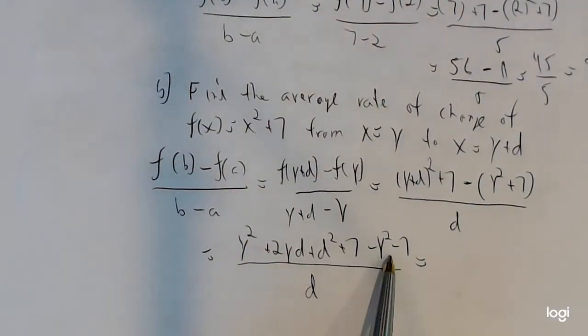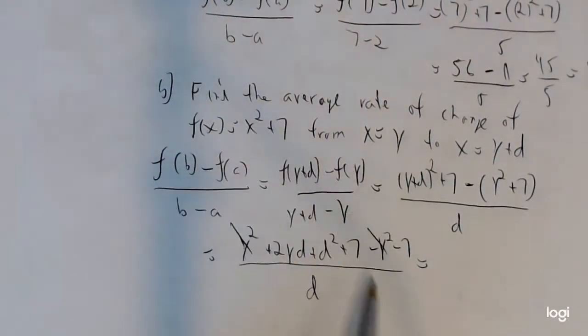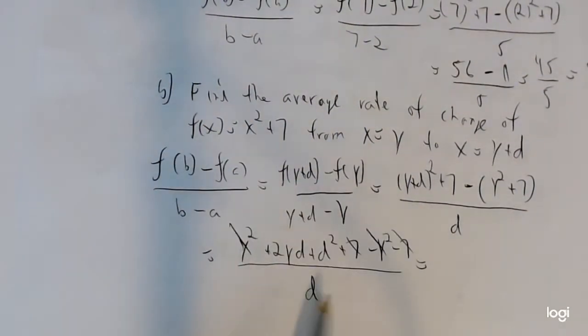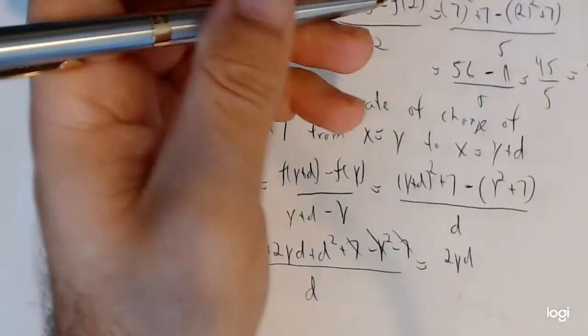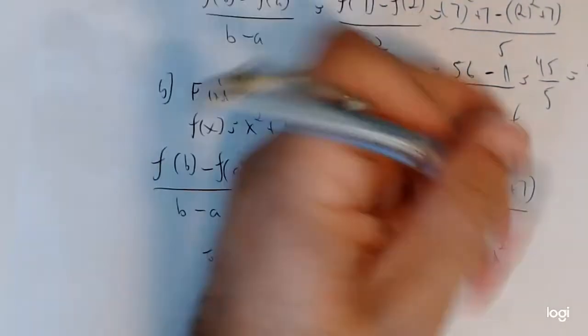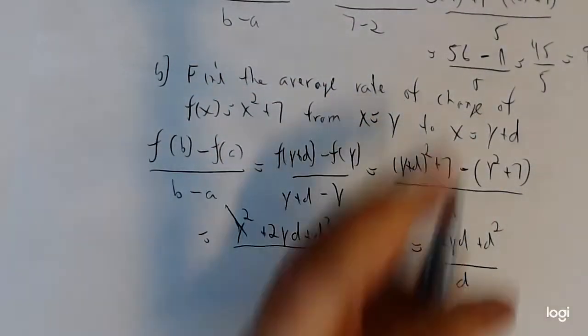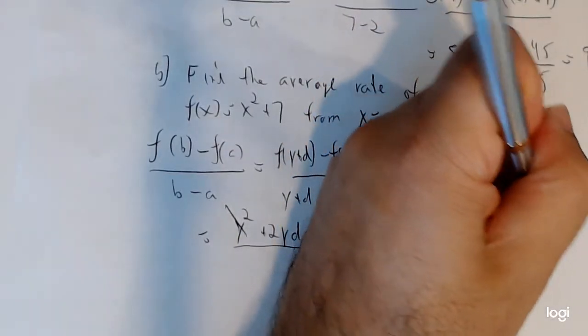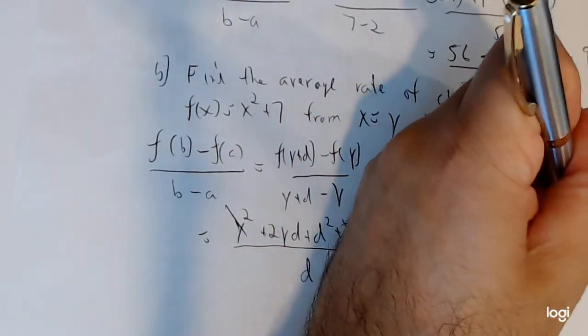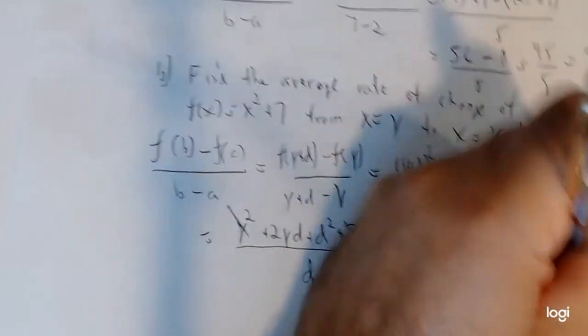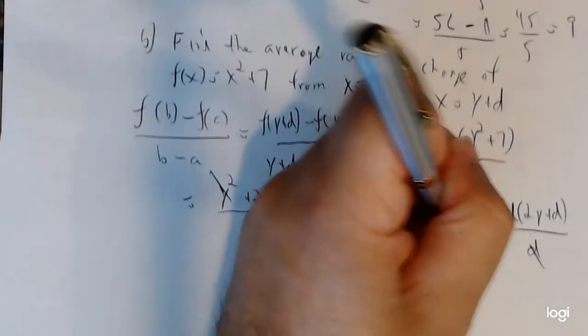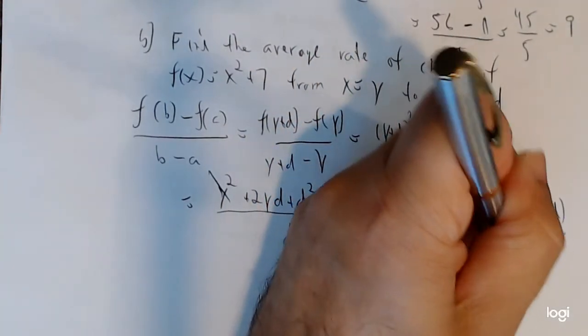The y squareds cancel out, the 7s cancel out, and what do I have? 2yd plus d squared over d, and look at how nice this is. I can simplify a little further, because in the numerator I can factor out a d, which leaves me with 2y plus d all over d. The d's cancel out, and I'm left with 2y plus d.